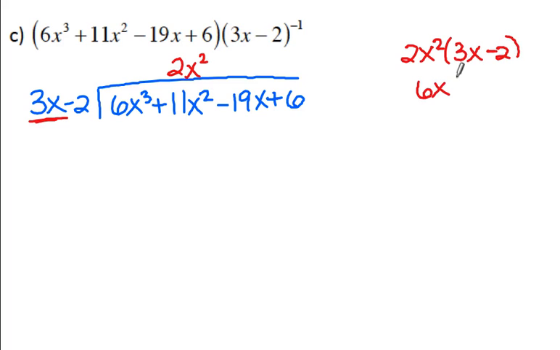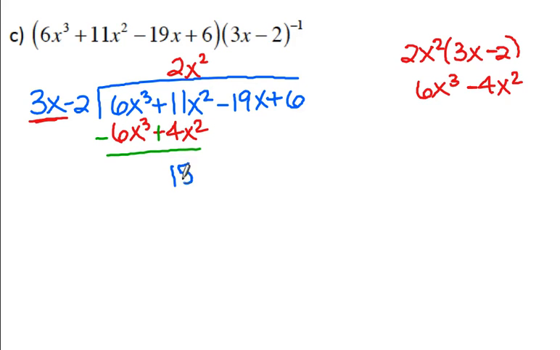That gives me 6x cubed minus 4x squared. I'm going to draw my line, change my signs, and then I get 15x squared. Bring down my next term and repeat the process.